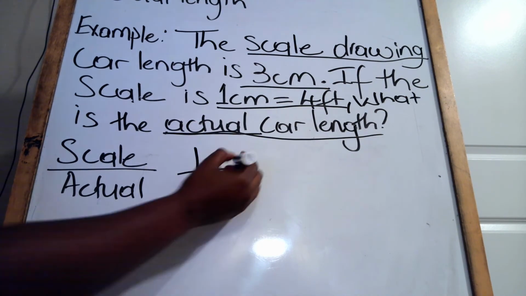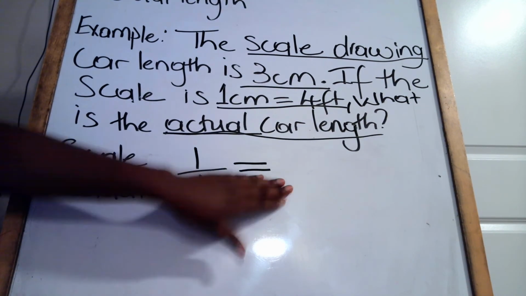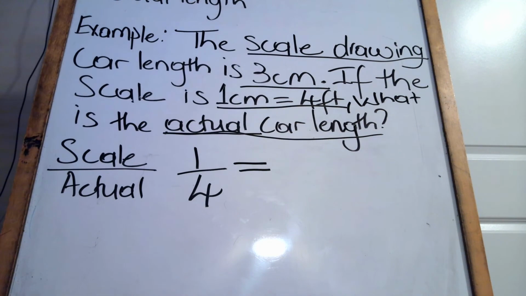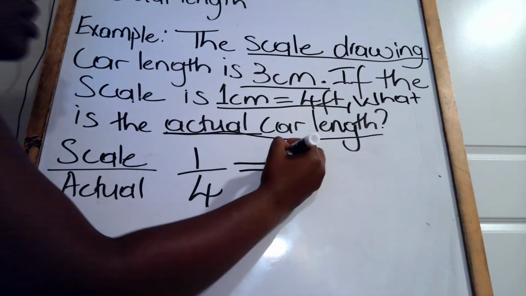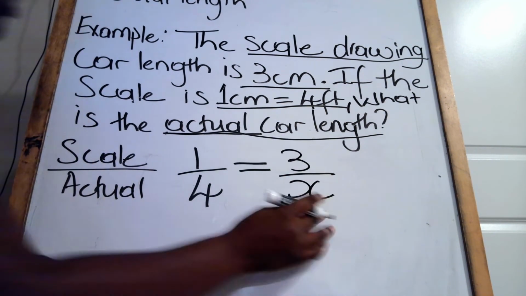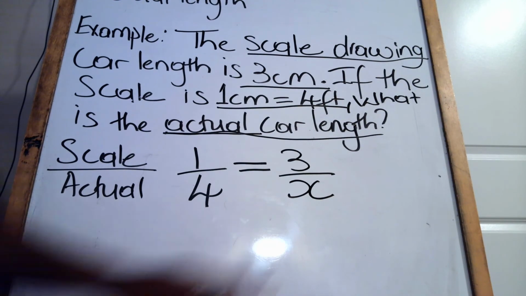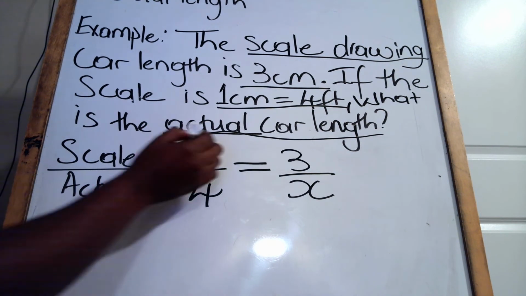So we're going to set it as a proportion now, equal to 3 centimeters. This 3 centimeters is the scale length, and scale is always in the numerator, so 3 is going to be in our numerator. We want to find the actual length, which is going to be the unknown in our denominator. After that, the next step is to cross multiply.